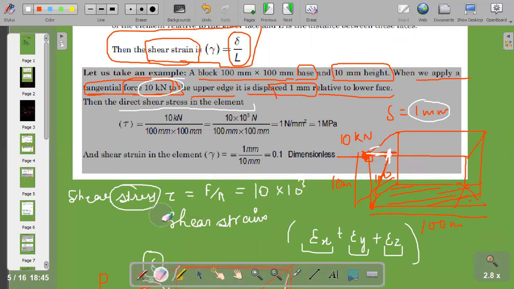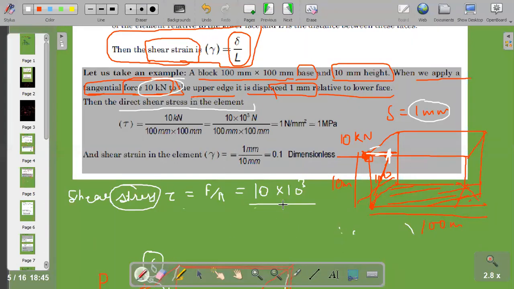And what is the area of the base? In this part, you have to take the area of the base. In shear stress, this area will be the area of the base.